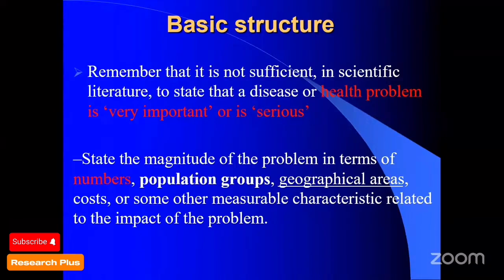You say malaria is a major problem or a serious disease, there are many countries where, when there is a case of malaria, it is celebrated because of the low incidence of malaria in those countries. So let us frame the magnitude of the problem in relation to the characteristics that are important in terms of the number, the population groups, the geographical area, or use a measurable characteristic to do that.